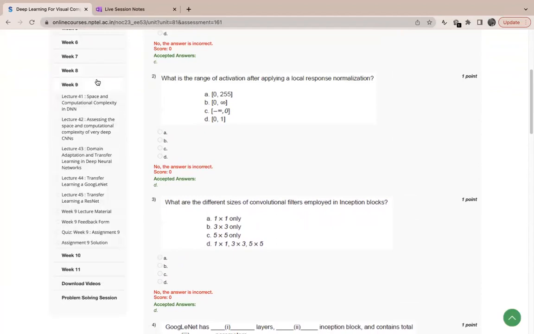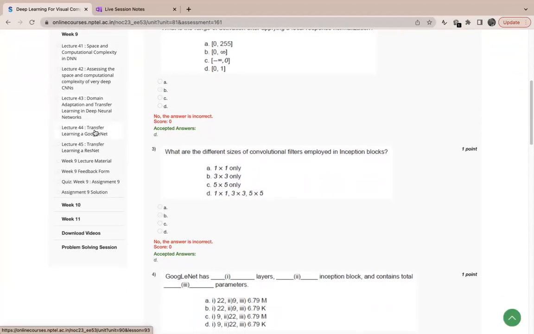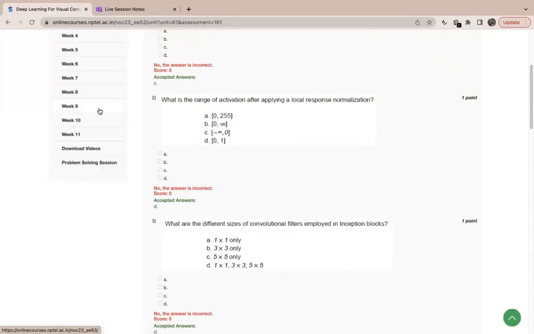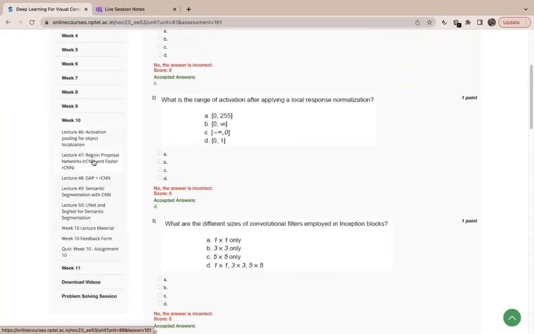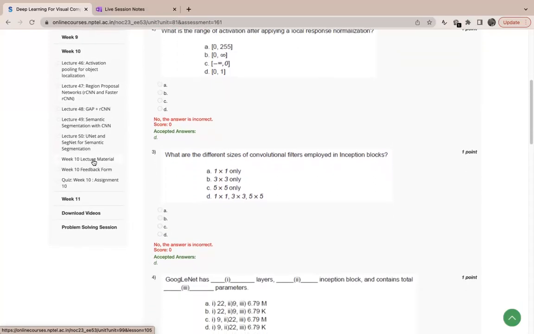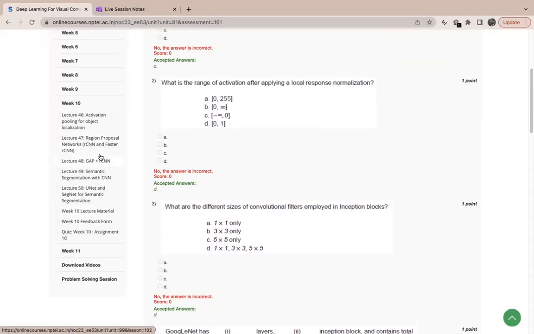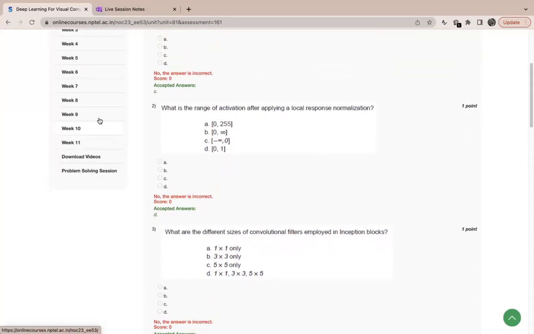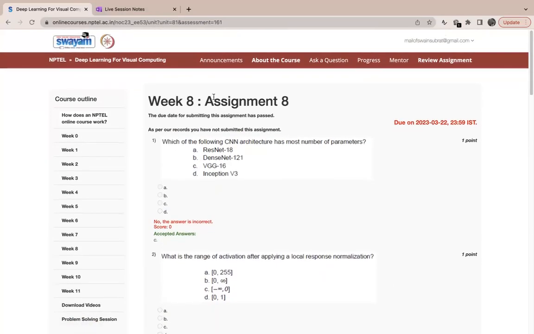And coming to week 9, we have space and computational complexity in DNN, domain adaptation, transfer learning, all these things. I'll give a brief overview of that. Activation, pooling, and fully convolutional network, U-Net, semantic segmentation, and all these things. We will cover these in the next class.